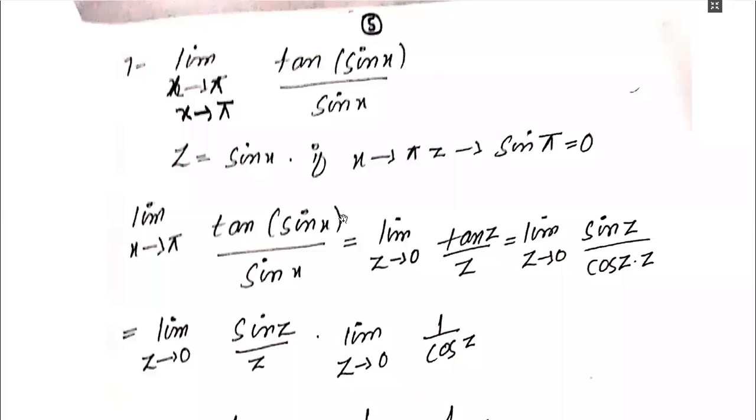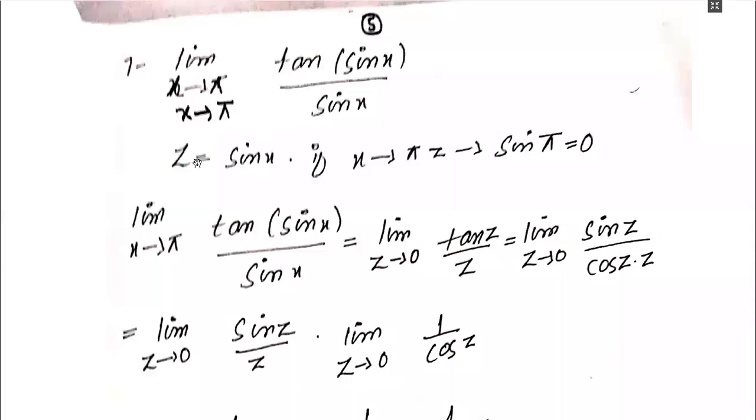That's why here we replace this angle, sin x, by z. Then z equals sin x, and the limit is x tends to pi. If you put pi here, then z tends to 0 because sin pi equals 0.